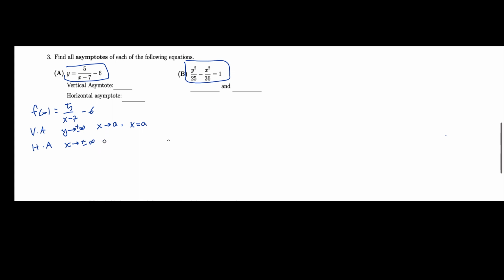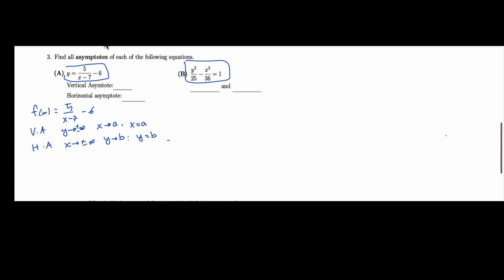And as x approaches positive or minus infinity, y approaches some value b. In this case, we will have y equal to b to be the horizontal asymptote.